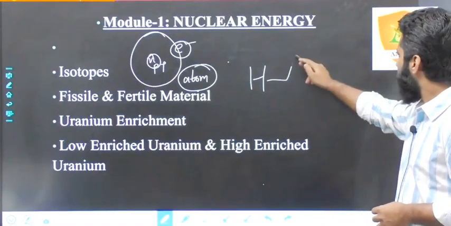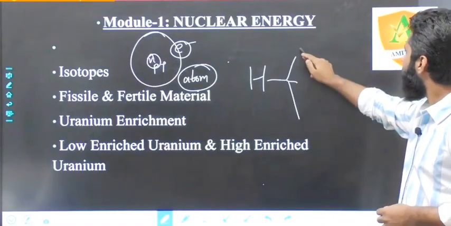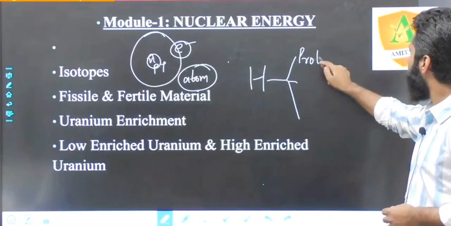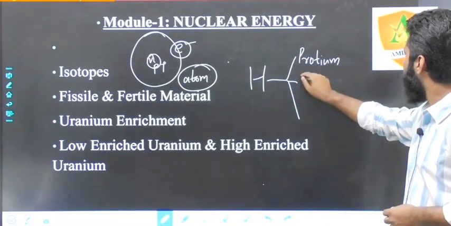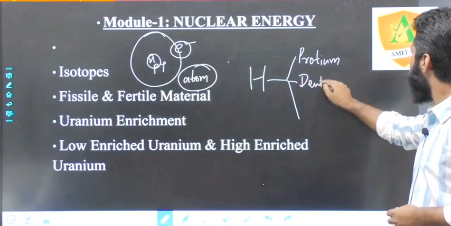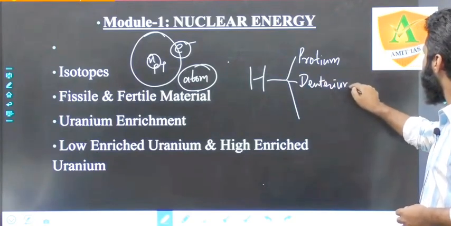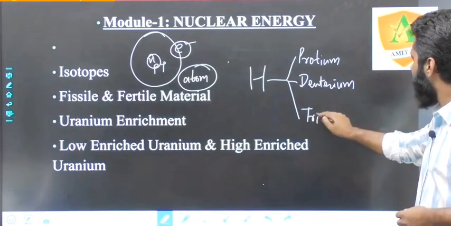There are 3 isotopes: one is protium, one is deuterium, and one is tritium.